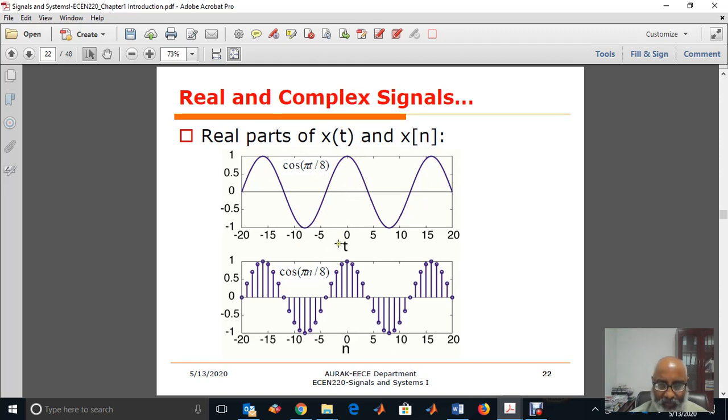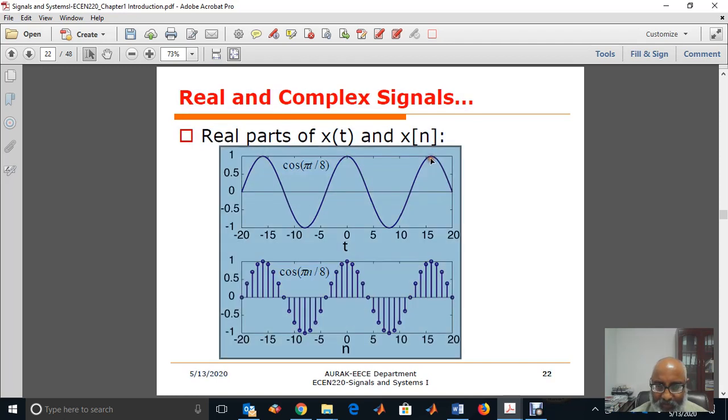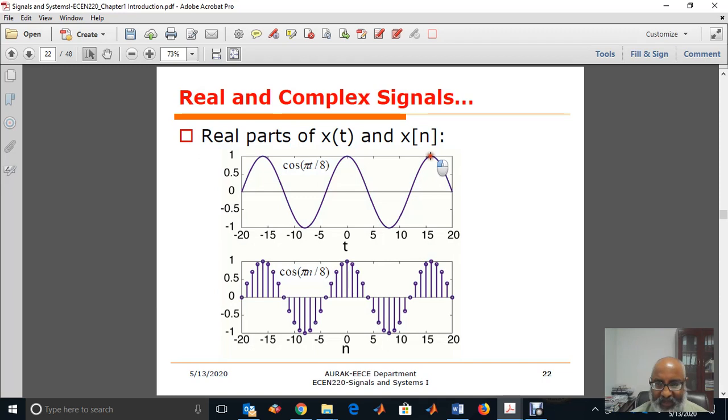That means, for example, how we locate it in the graph: at t equal to 0, I have 1. Then I look at the next peak. The next peak is at this point, which is 16. So the fundamental period is 16.